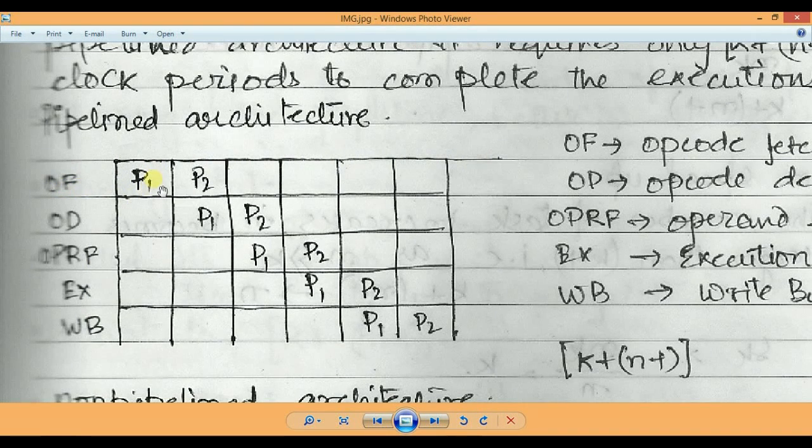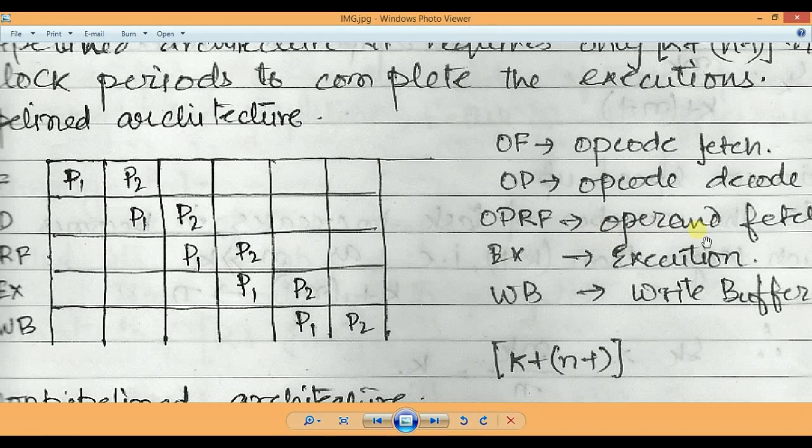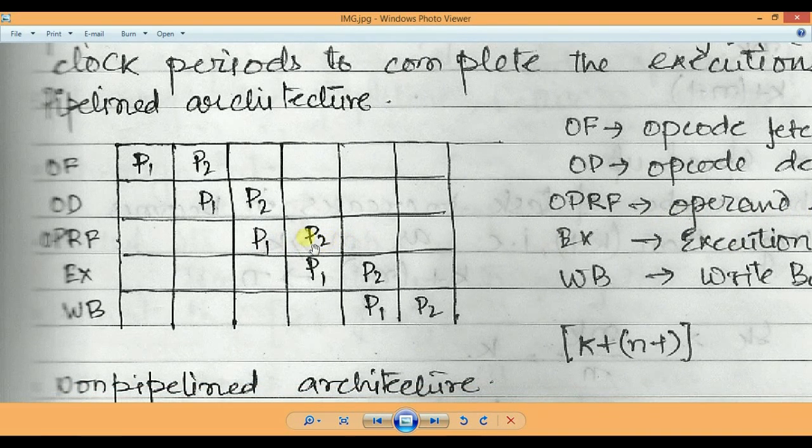In the second clock period, process 1's opcode decode is done, and process 2's opcode fetch is done. In the third clock period, process 1's operand fetch is done, and process 2's opcode decode is done. In the fourth clock period, process 1's execution is done, and process 2's operand fetch is done.